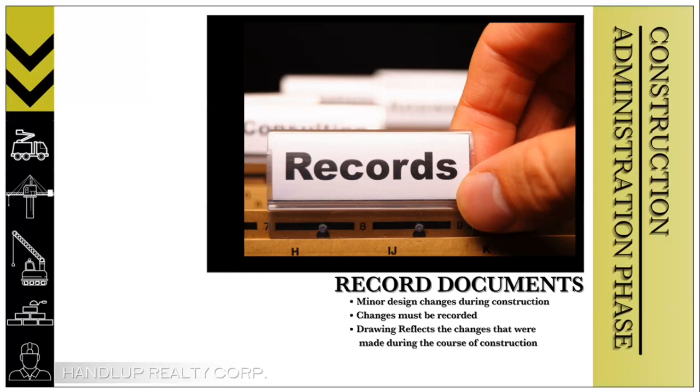These drawings reflect the changes that were made during the course of construction by our general contractor. In addition to record drawings, record specifications as well as a set of approved shop drawings are usually required to complete the record documents package delivered to us, the developer.